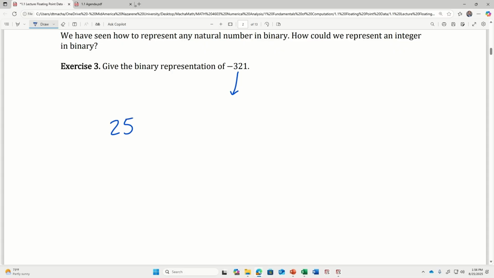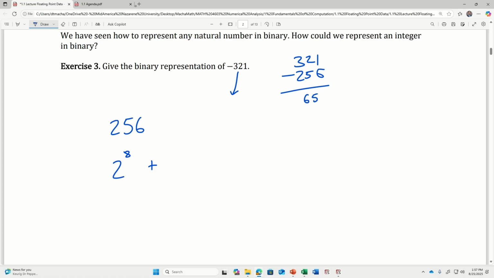256 would be 2 raised to what power? 1, 2, 3, 4, 5, 6, 7, 8. 2 to the 8th power. And then if I take 321 minus 256, I get the number 65.